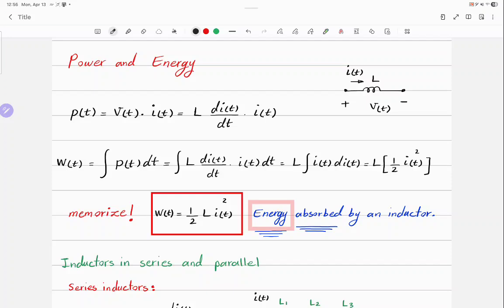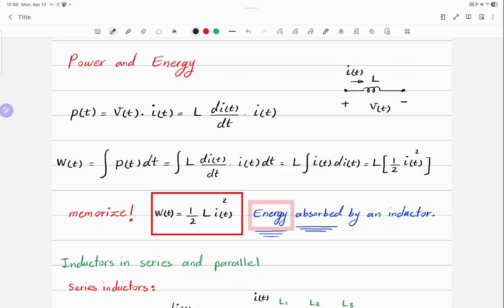Or energy. Okay, what was the fundamental equation for power? That's not the most fundamental one. The time rate of change of energy. But what was the most useful equation for power?